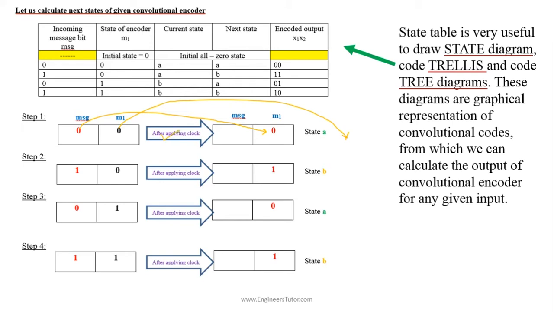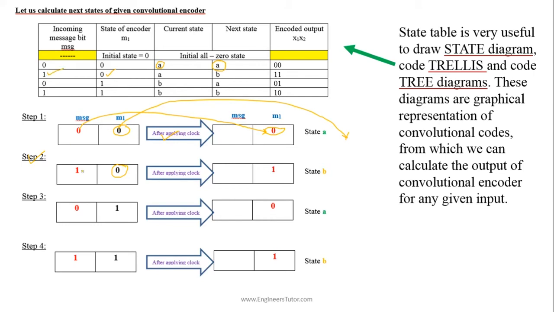So the state of the encoder changes from 0 to 0. That is why 0 represents A. The state changes from present state A to next state A.